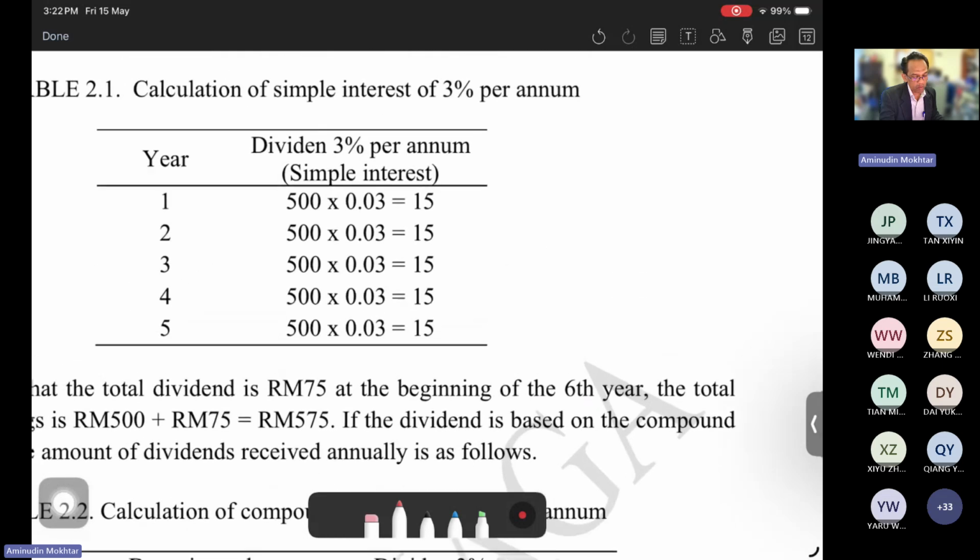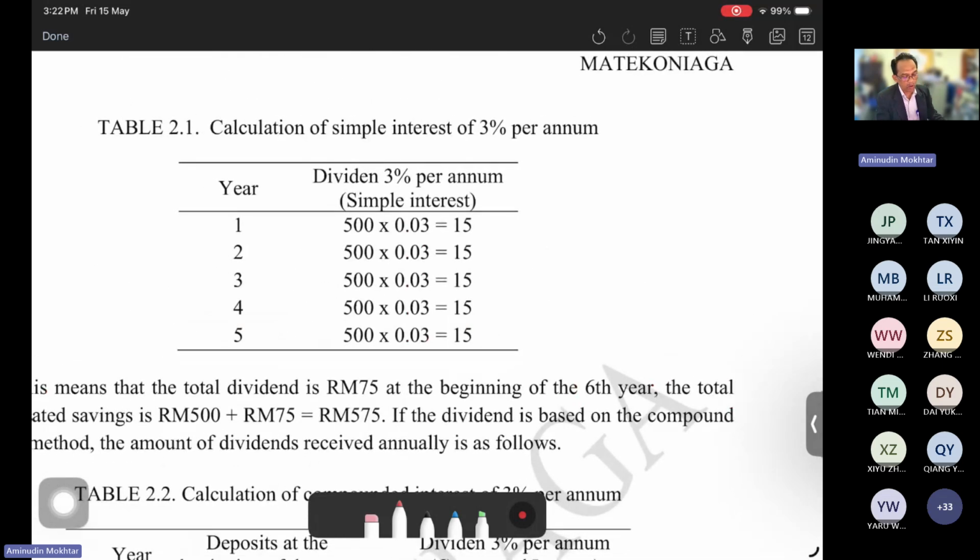Okay, example 2.1, the summary of example 2.1, the calculation of simple interest of 3% per annum, where P, the principal, is 500. As you can see here, with dividend 3% per annum, and then the dividend is calculated based on the simple interest.